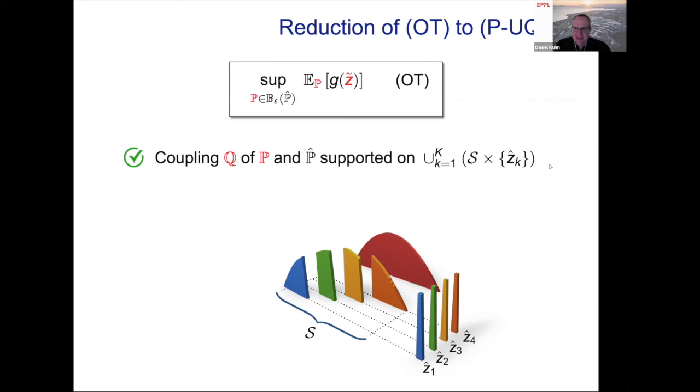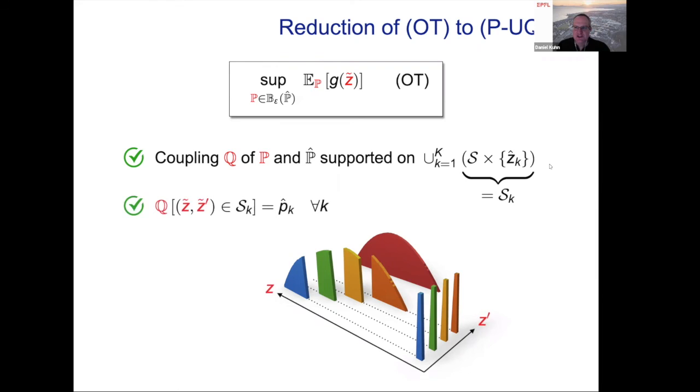The picture shows that the kth piece of Q is a measure supported on the Cartesian product of the support set S and the singleton set that contains only the location of the kth atom of the nominal distribution. And in the following, we denote this set by Sk. And this means that the transportation plan Q is actually supported on the union of the sets Sk.